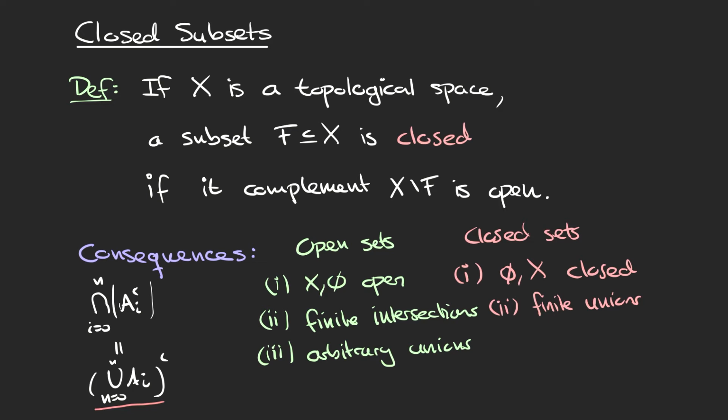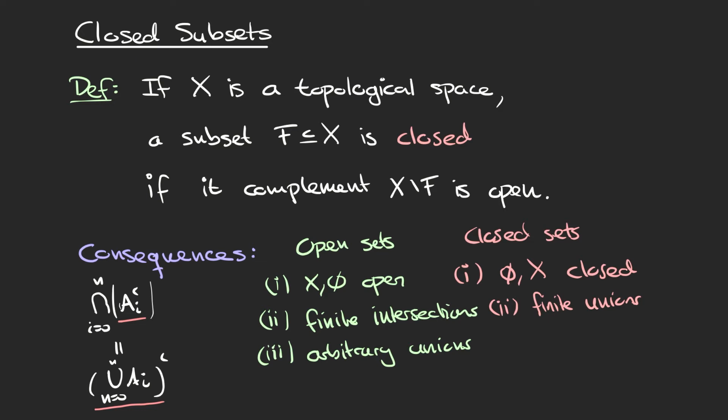But now the De Morgan law is telling us that this is equal to taking the intersection over the complements of the A_i's. But because each A_i is individually closed, its complement is open, and now we're taking a finite intersection over these open sets, which is by the axioms of a topological space, again open. This shows that the original set on the bottom, which we were interested in, is open, and hence the union of the A_i's is closed.